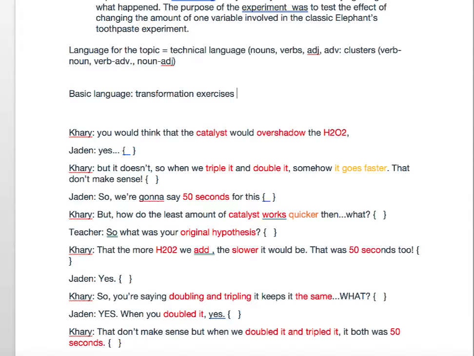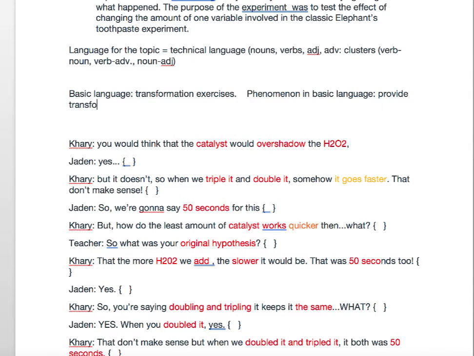This is where, for example, you provide the learner with some kind of phenomenon in basic language, and they have to provide a transformation of that concept in technical language.